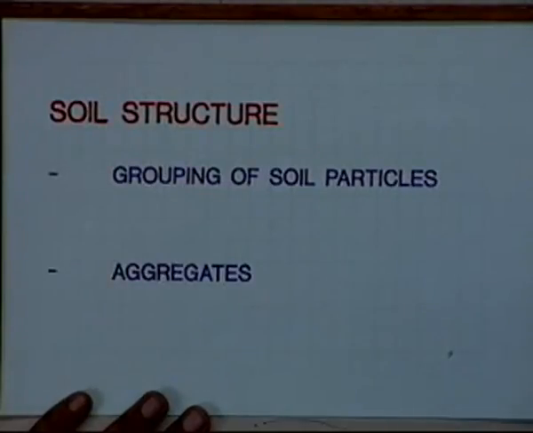Earlier we had said that the soil constants cannot be altered, whereas the soil structure, which is the placement of the soil particles or the aggregates, can be altered through farming activities.